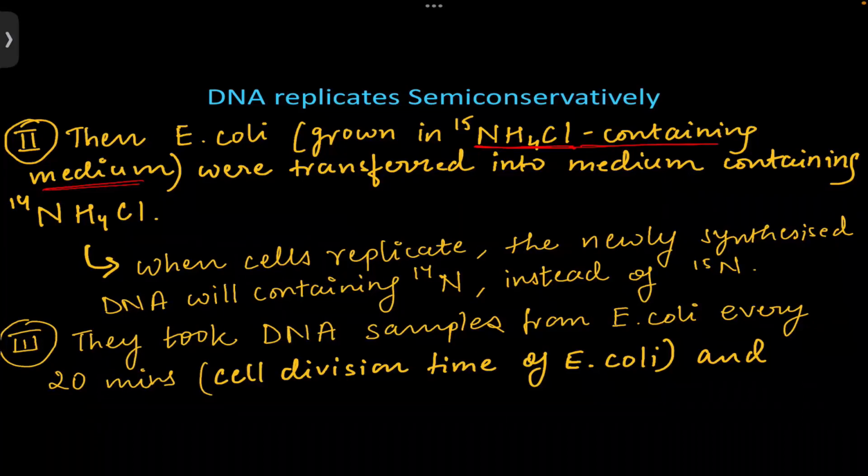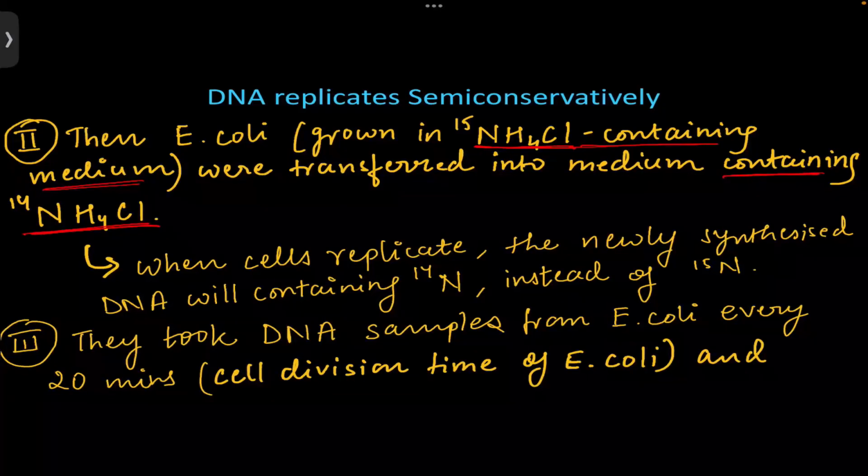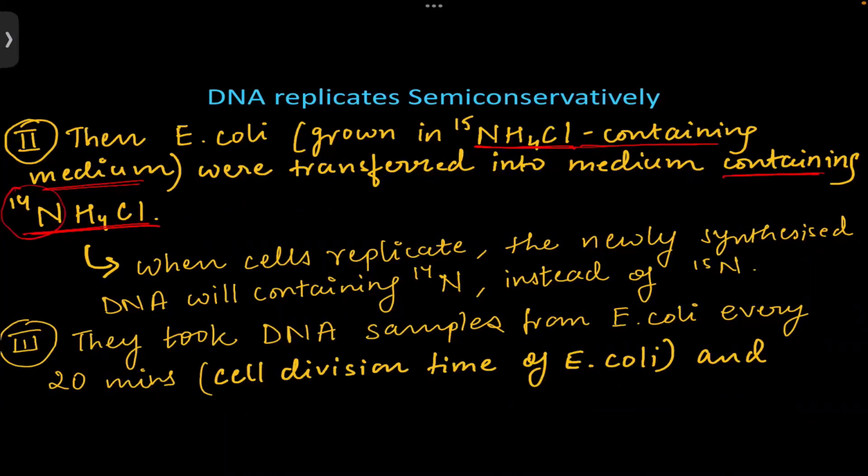This other nutrient media contained ammonium chloride but with the N14 isotope, that is the normal one, normally found in nature. So in the other medium where the E. coli were transferred, it contained ammonium chloride, but the nitrogen is the normal isotope, N14.